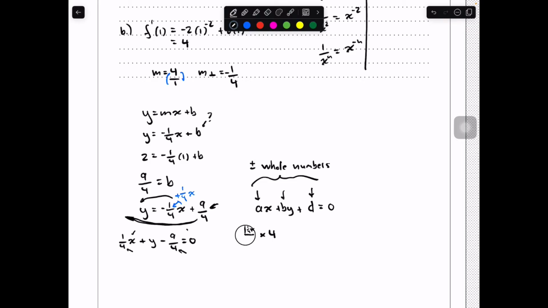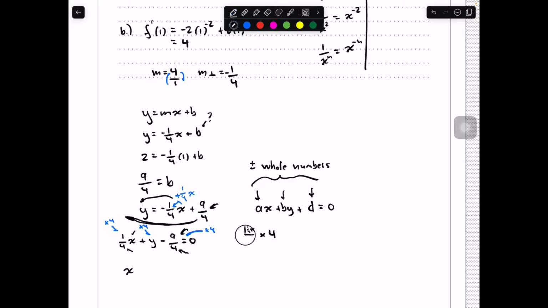And then for this 9/4, since it's also over 4, we don't want 9/4, we just want whole numbers. So we multiply everything by 4. Let's multiply by 4, multiply by 4, and then of course this 9/4, we're going to multiply by 4 as well.